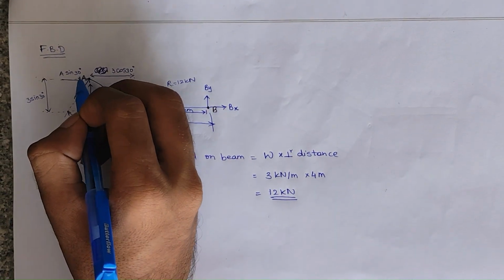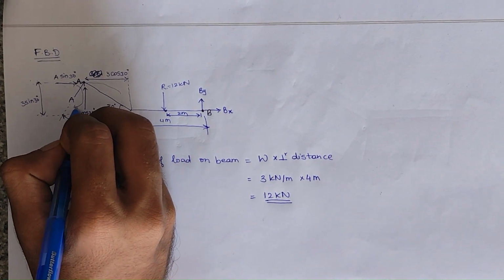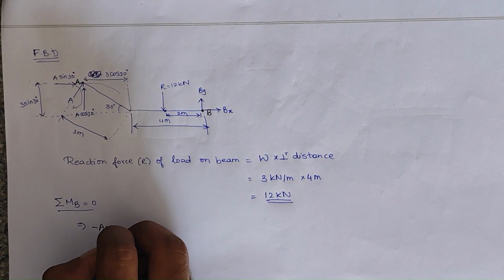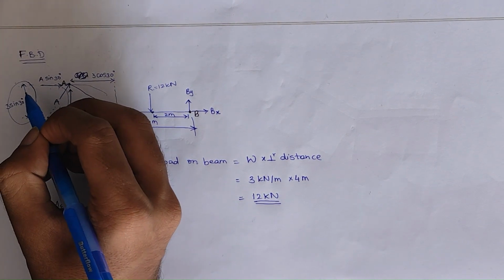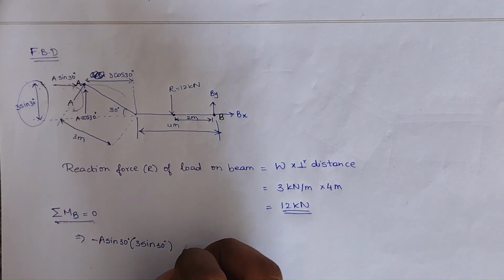So summation of moment B is equal to 0. A sine 30 rotates in the clockwise direction, so we will put minus A sine 30 and its perpendicular distance will be this one, into 3 sine 30.